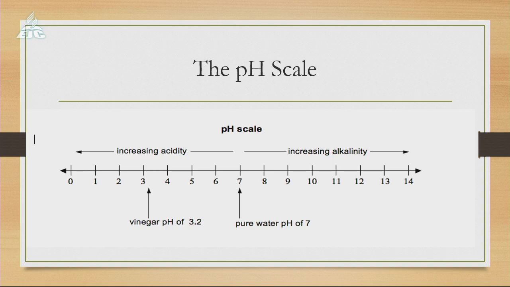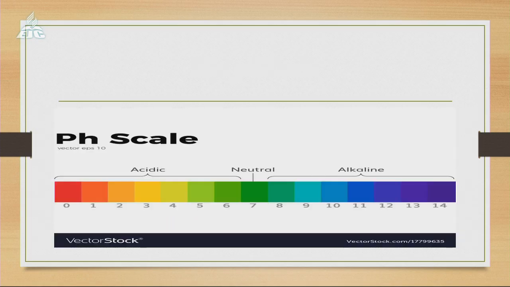So the pH scale shows us how acidic or alkaline these substances are. If we look at the pH scale here, it shows us different colors. So we can use numbers or we can use colors to identify the acidity or alkalinity of a substance. And it extends from red to violet or purple.